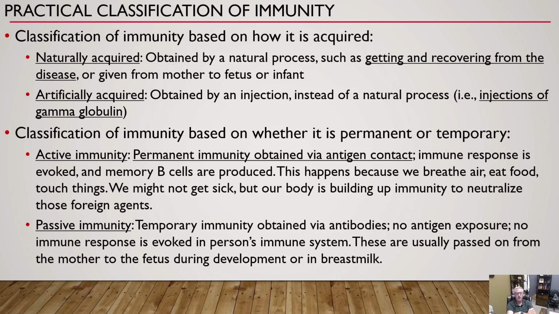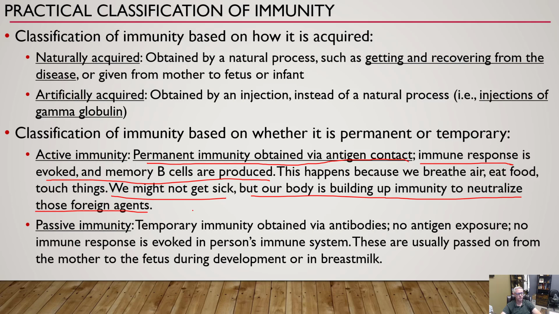Now, we can classify it as active immunity or passive immunity. Active immunity is basically permanent immunity obtained via antigen contact, and it's evoked when memory B cells are produced. So we may or may not get sick, but our body has built up immunity to protect against those foreign agents.